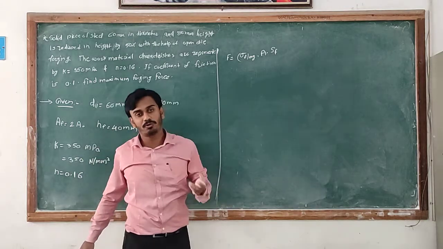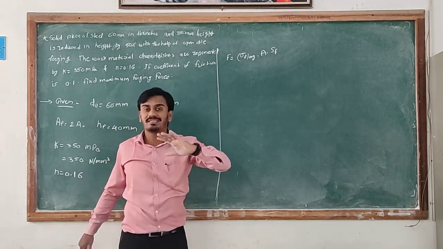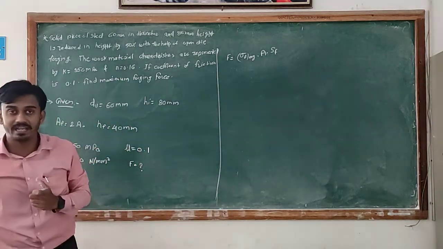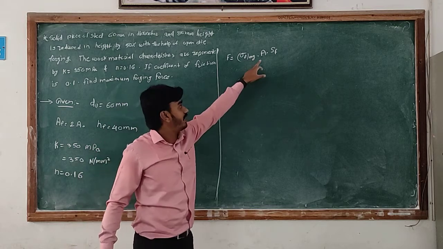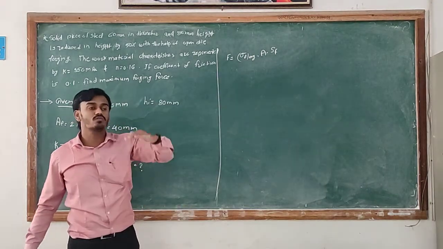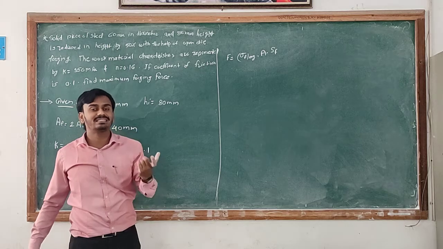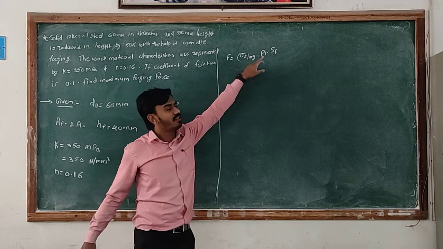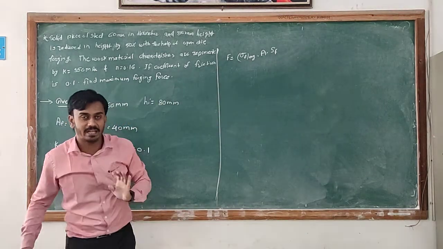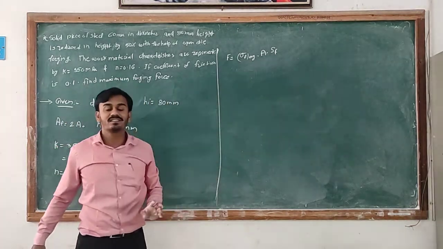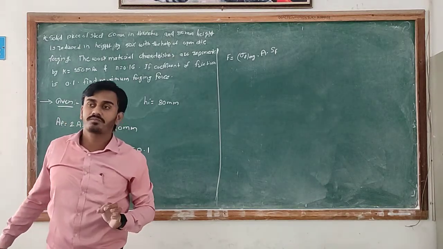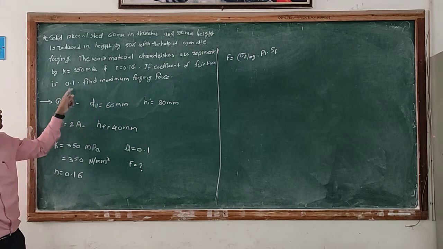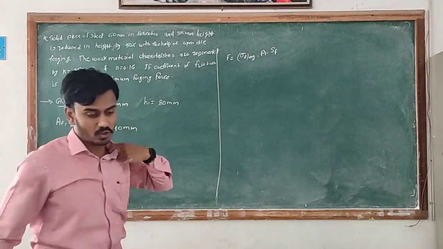When we apply the force, the material reduces its height, so we take the final area, because due to the applied force the size and shape of the material change. And SF is the shape factor. Why have we taken this SF? Because mu is given in this case.